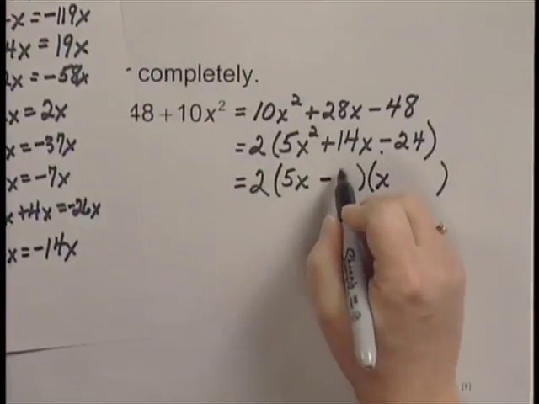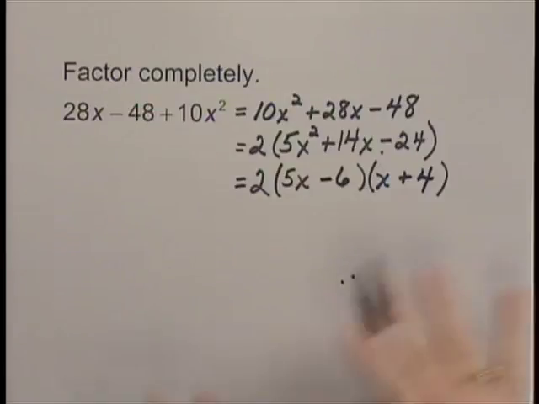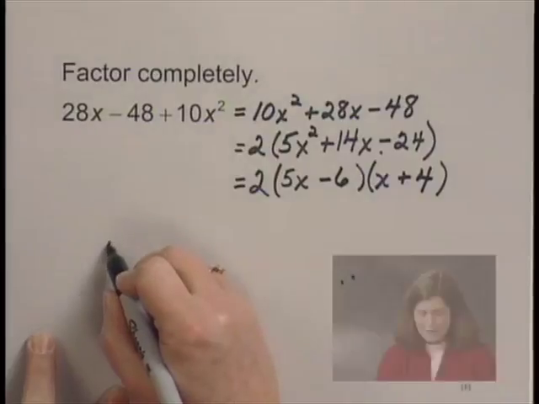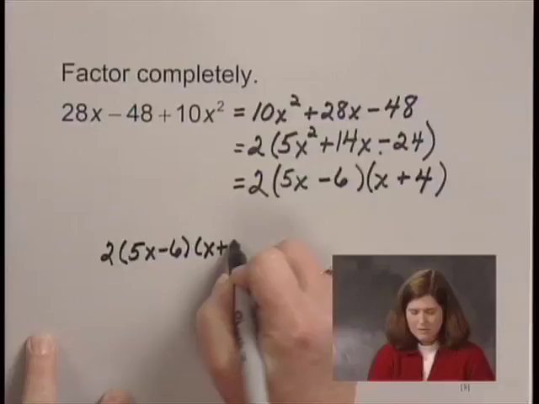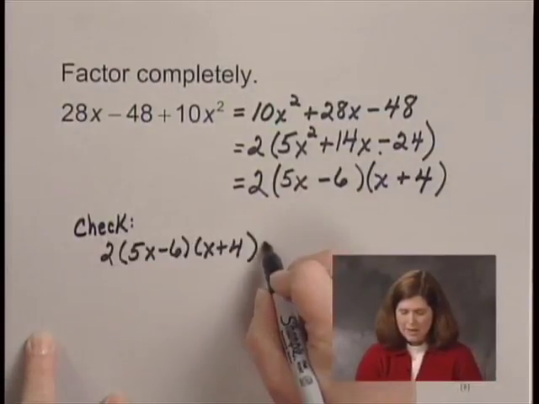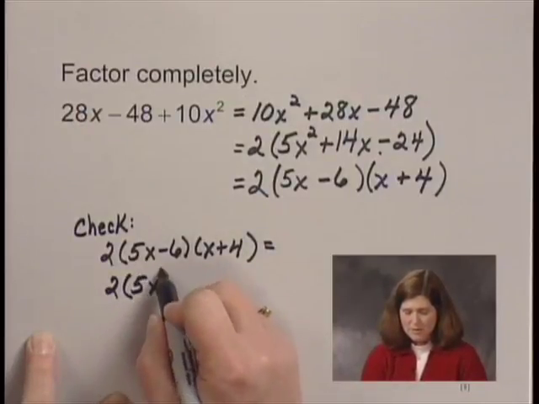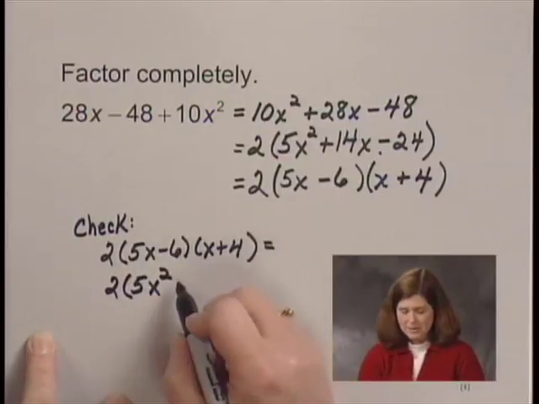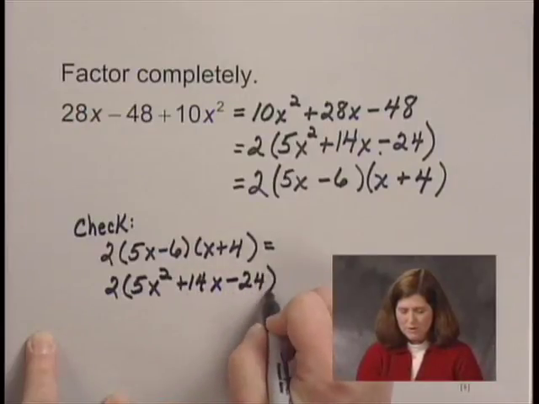I'm going to write that in here, and then I'm going to check it because I did a lot of work there switching signs and stuff. To check this, I multiply the binomials and I get 2 times 5x squared plus 20x minus 6x, which gives me plus 14x minus 24.